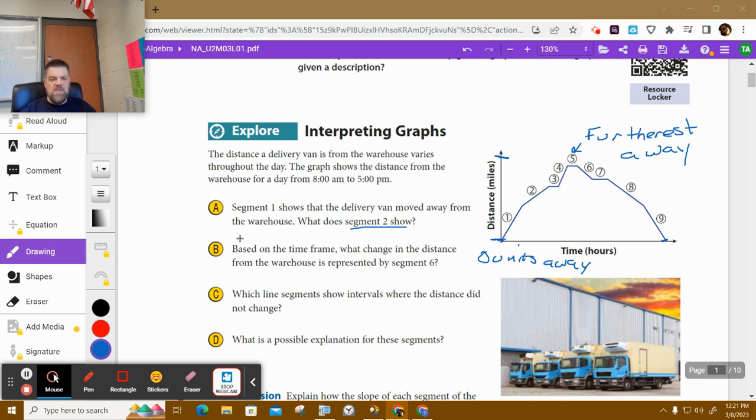It's at a slower speed too, so just say further away, and then say slower speed, because the steepness represents the speed. This is based on the time frame. What is going on with segment 6? Heading back towards the warehouse. Right?